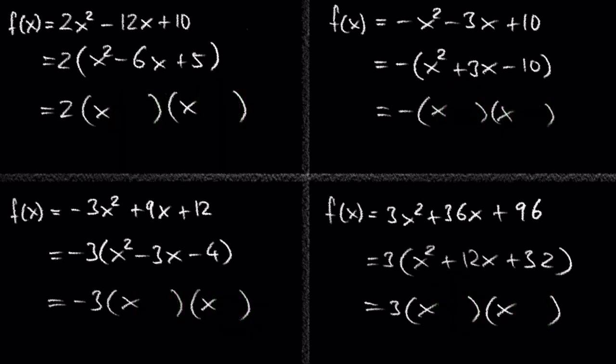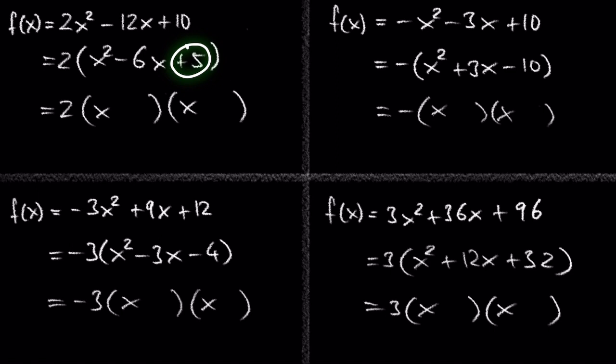In general, we are looking for 2 numbers which, when multiplied together, give us the constant term, and the same 2 numbers which, when added together, give us the coefficient of x. So, which 2 numbers, when multiplied together, give us the 5?